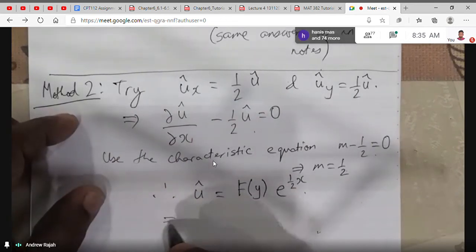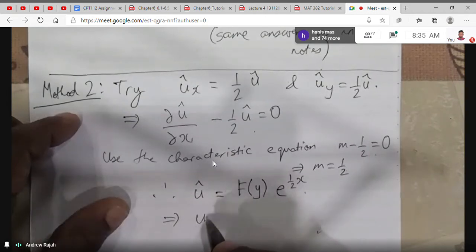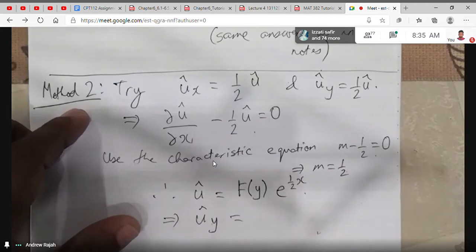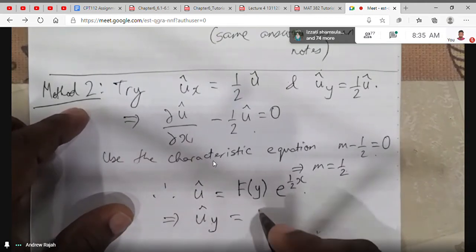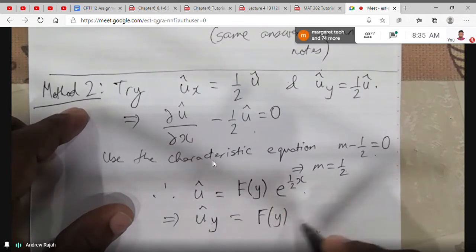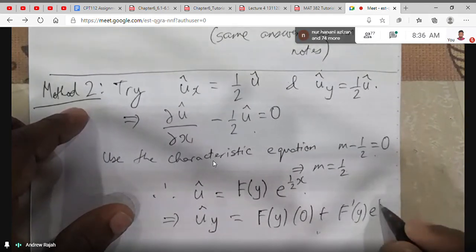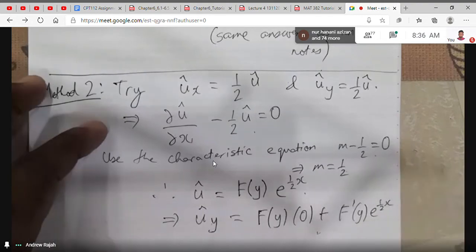Okay. Anyway, this implies you had y equals to, and find out x y times by 0 plus x prime y e to the power of half x.